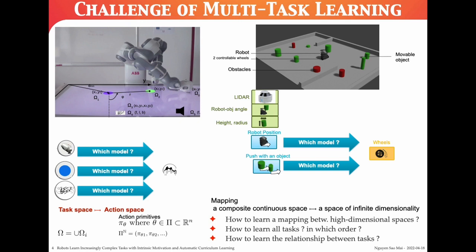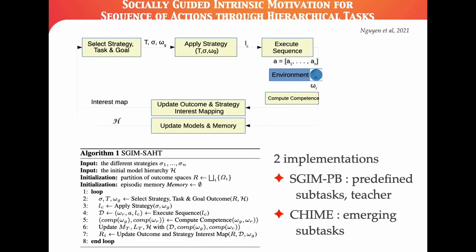What we proposed is what we call socially guided intrinsic motivation for a sequence of actions through hierarchical tasks, which is described by this schema and in detail by this pseudocode. The agent learns by episodes in interaction with the environment. At the beginning of each episode, it selects a strategy, a task, and a goal to reach.